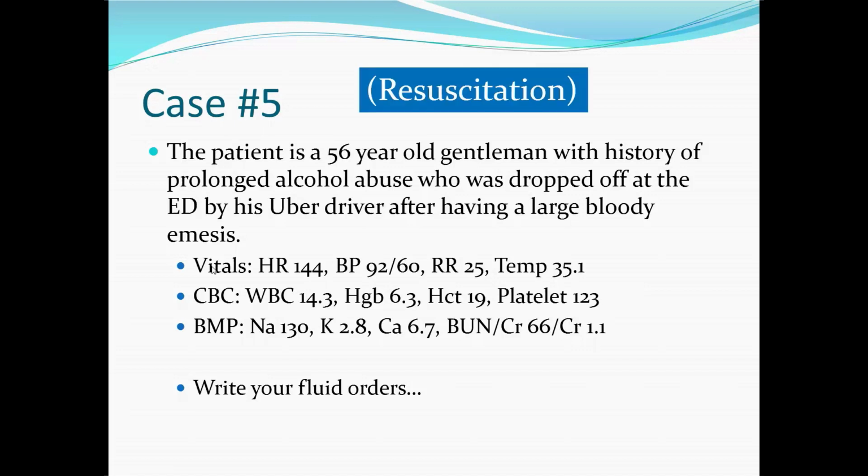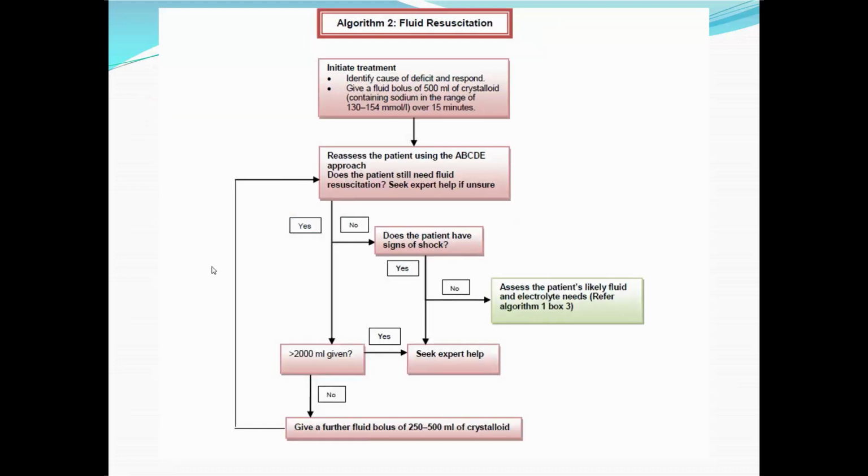So what kind of fluids does this guy need? Well, he's in resuscitation mode. What kind of fluid do we want to use for him? So typically, as we said before, it's crystalloid, but this guy's a GI bleed. So what do we want to use for his IV fluids?